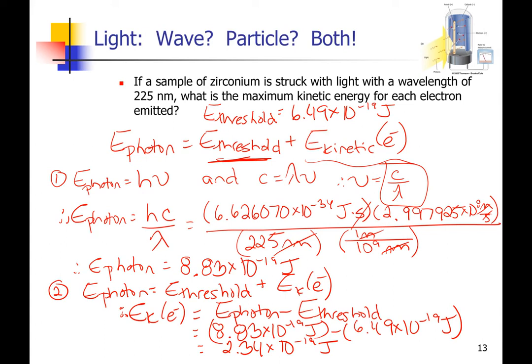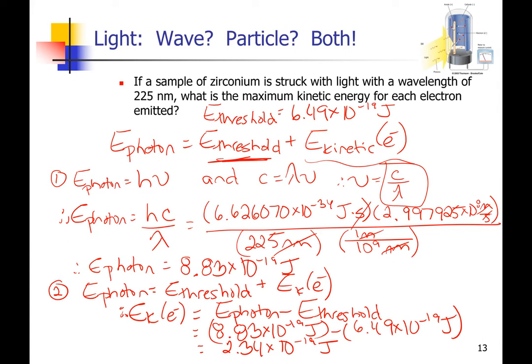If I had gotten a negative energy, that would have suggested that my photon did not actually have enough energy to kick an electron out of the metal, and that in fact no photoelectric effect was induced. It's not possible to kick out an electron with a negative energy. So my answer makes sense.